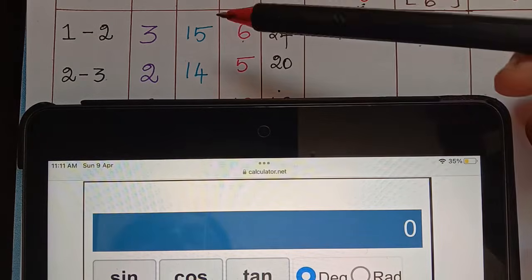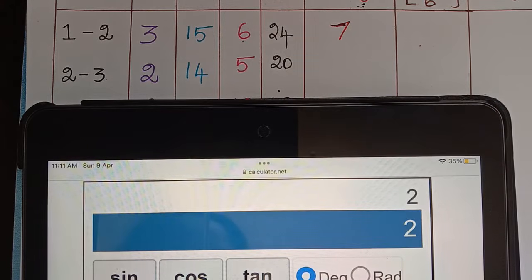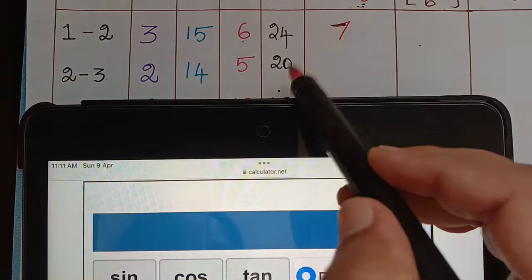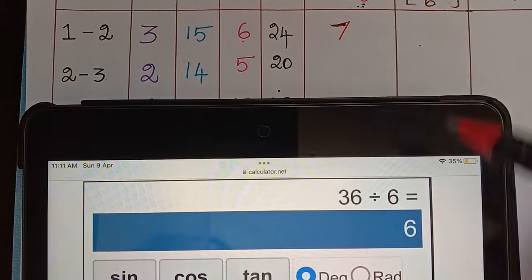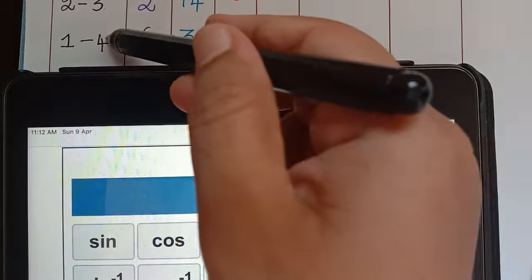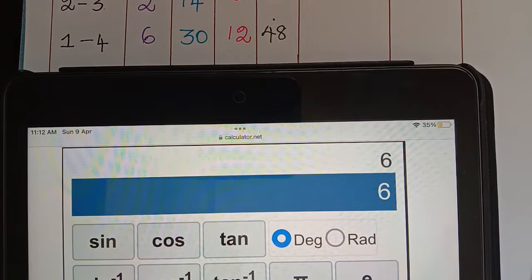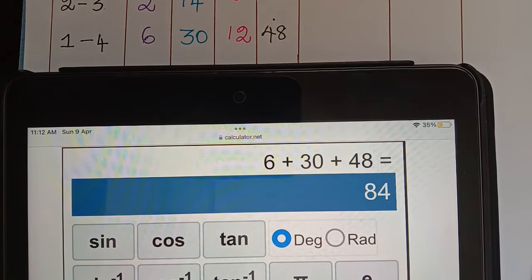Now for the next activity, it is 2 plus 14 plus 20 equals 36, and divided by 6 gives us 6. Now for the activity 1 to 4, it is 6 plus 30 plus 48 equals 84, and divided by 6 gives us 14.